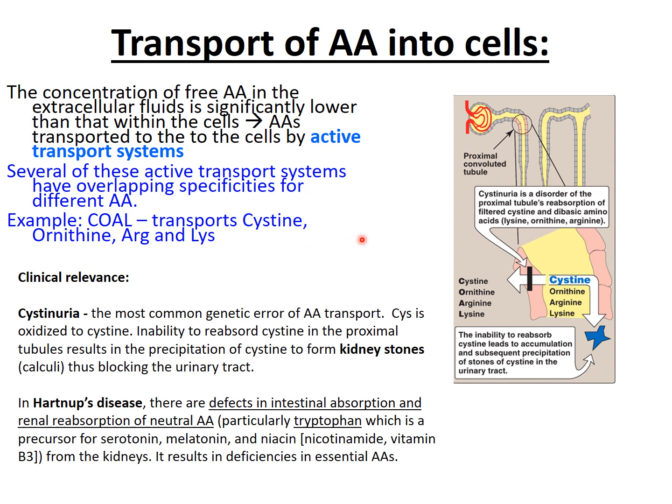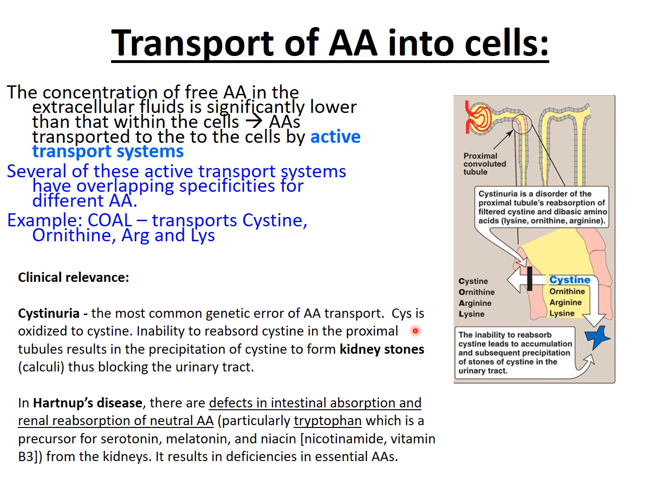What are the clinical relevances of this active transport system? Of course, we know problems with the transporters, and it means that certain cells cannot take up certain amino acids. But let me focus on one, which we call cystinuria, which is using this particular amino acid transport system.